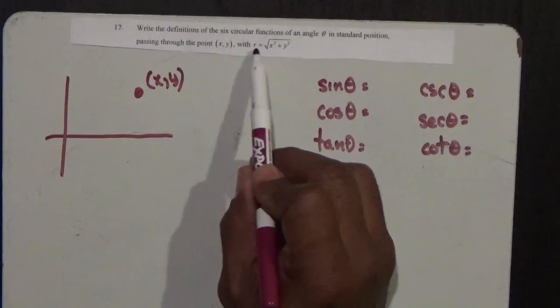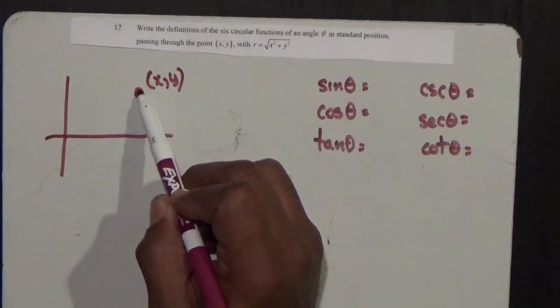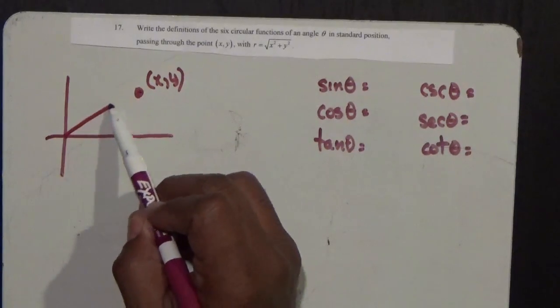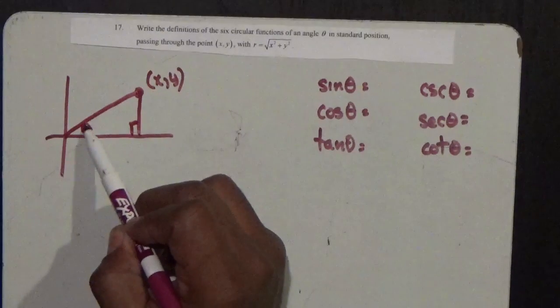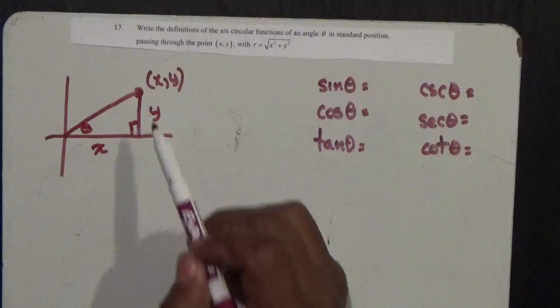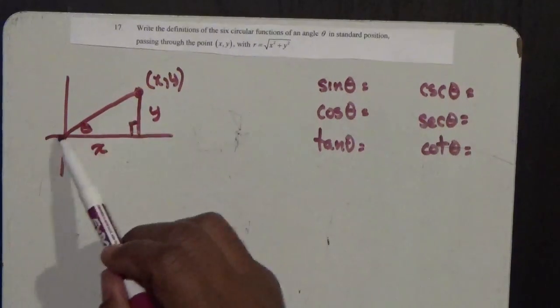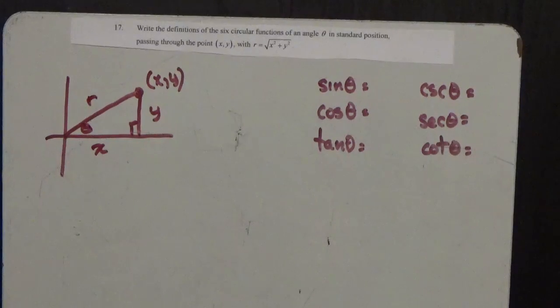All that is like the Pythagorean theorem. If we find a point, what do we always draw? A triangle using the x-axis. There's your theta. That just means this is x and this is y, and your hypotenuse is r. If that's the case, then we're pretty much done with this problem.